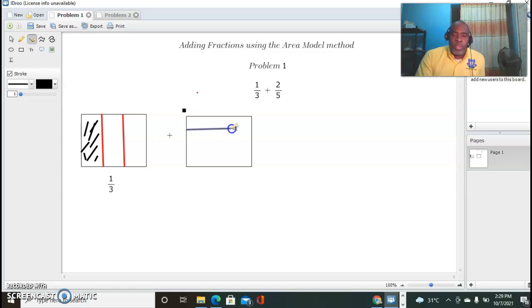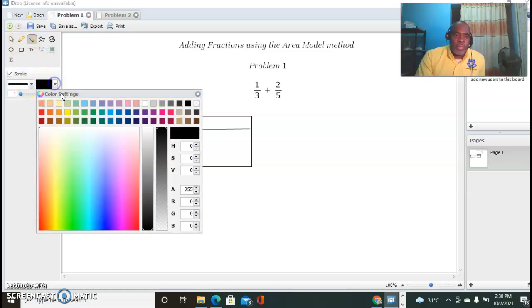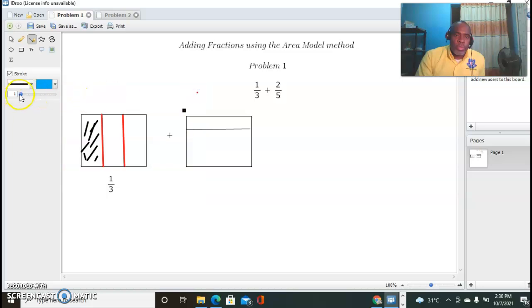So let's go. So we have 1, and I'm going to use a different color. I'm going to use blue this time, and thicken it a bit. So that's 1, that's 2, that's 3, and that is 4.